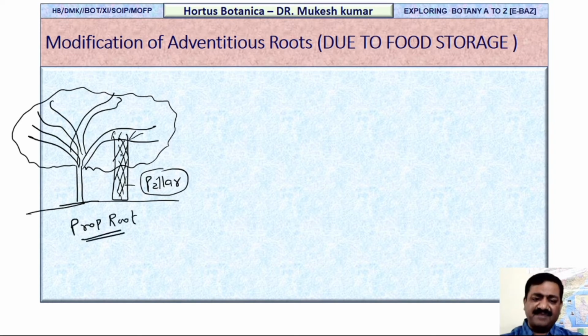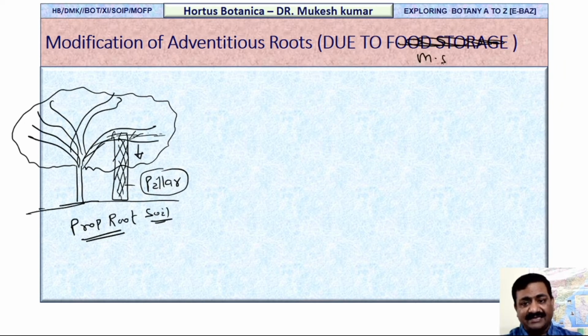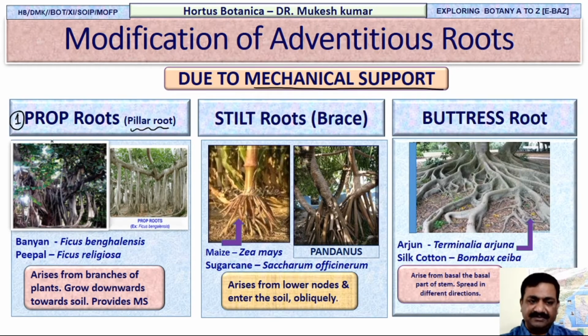So what happened? These main branches grow just downward vertically, attach to the soil, and provide mechanical support. Now, so it was the prop root.